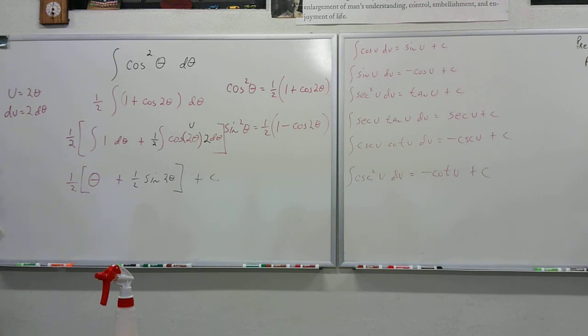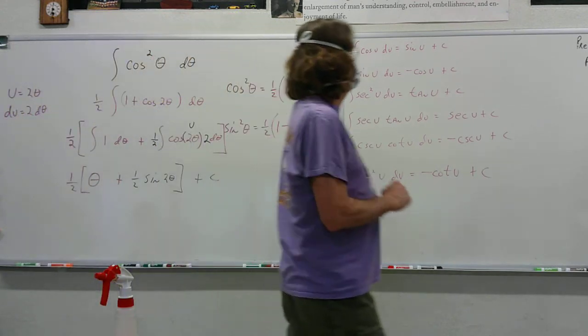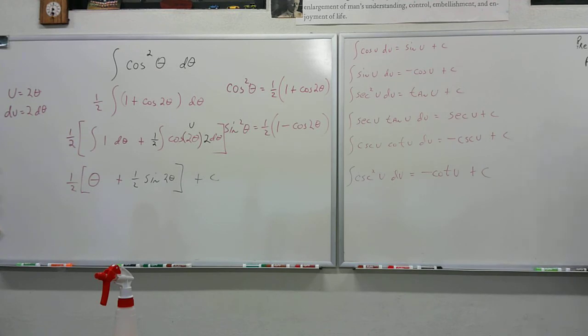Now, I always like doing cosine squared and sine squared. Those are two you've got to be able to do. That's just two that life expects you to do. And you notice I'm using some of these trig identities just to make your life harder.